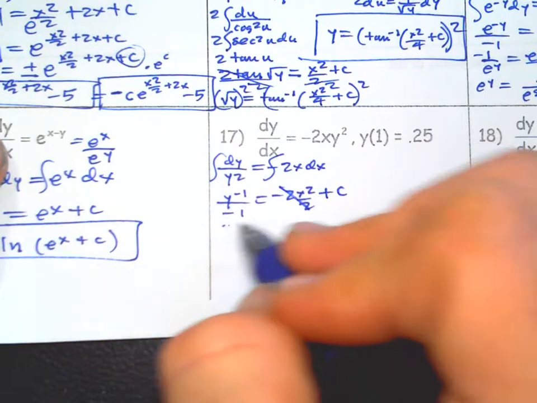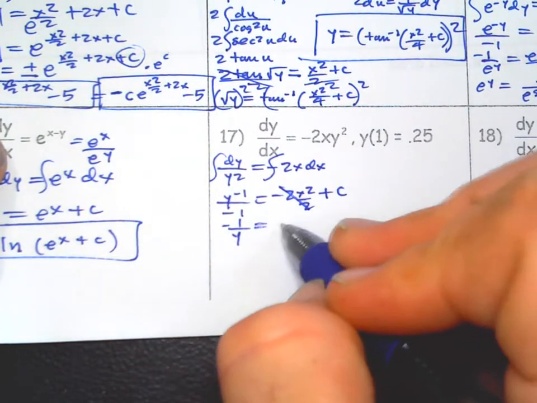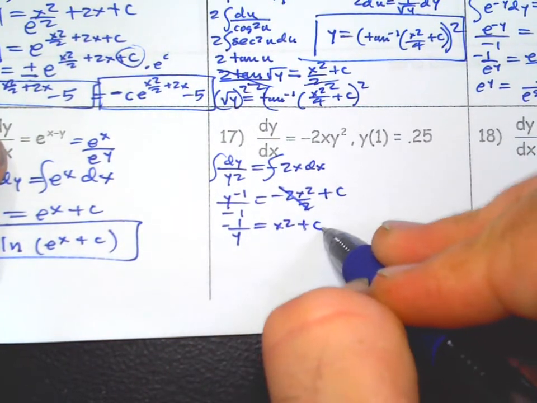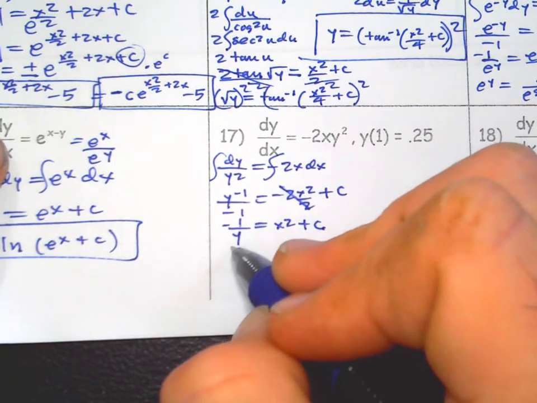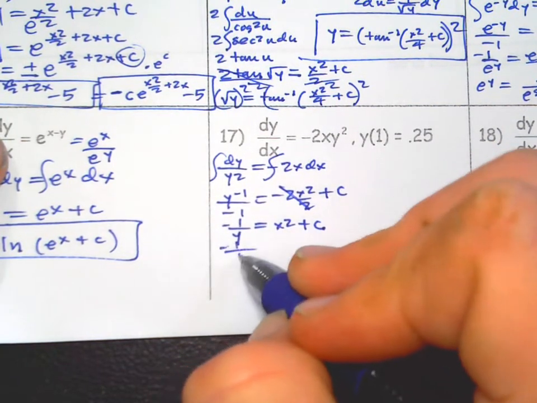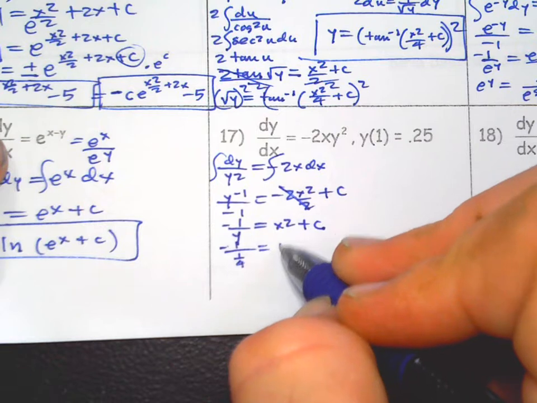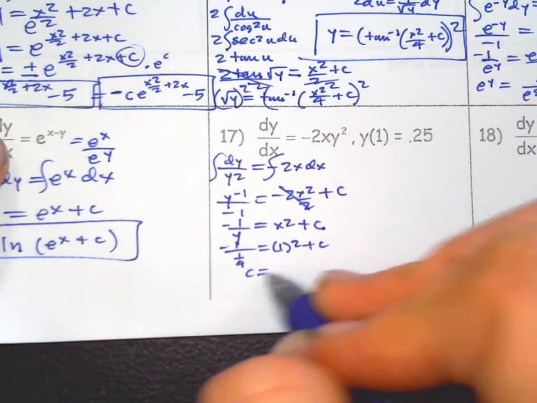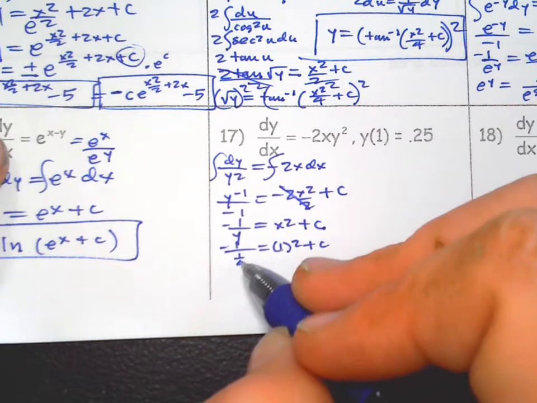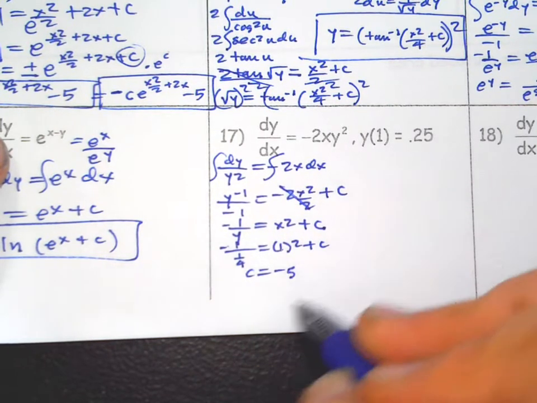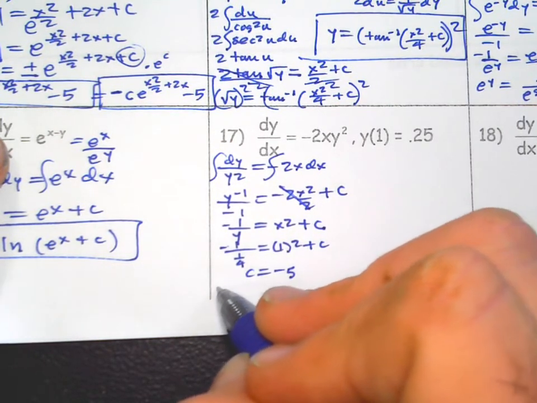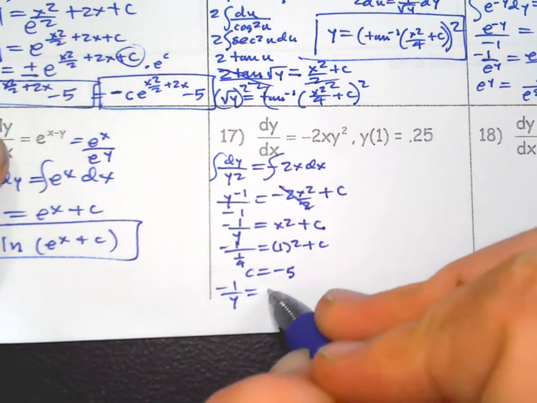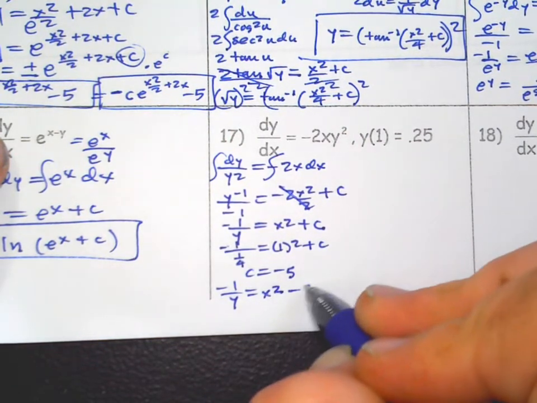I'm going to rewrite this a little nicer, but I think we should find the c value right now. So if I plug 1 in for x, I get 1/4 for y. Choose negative 4. So c equals negative 4 minus 1, which is negative 5. So negative 1 over y equals x squared minus 5.